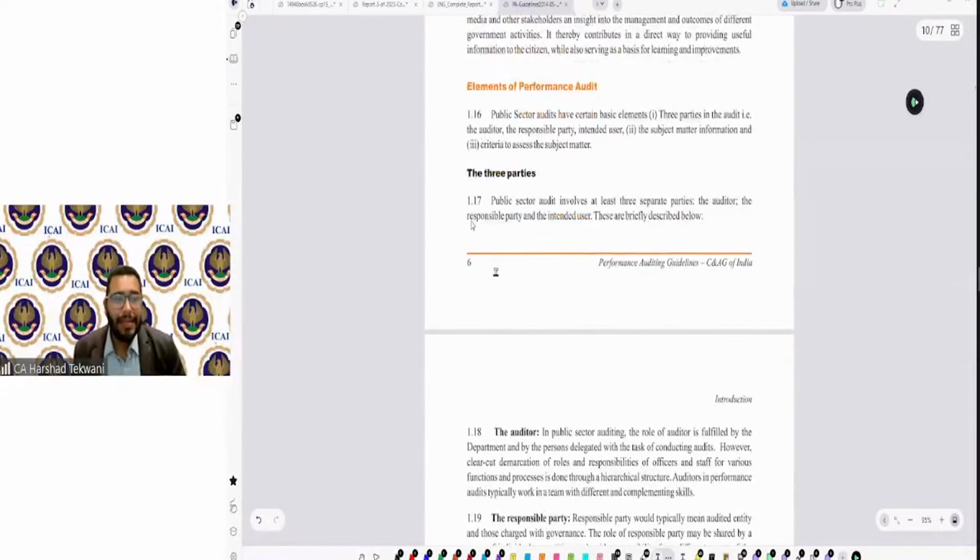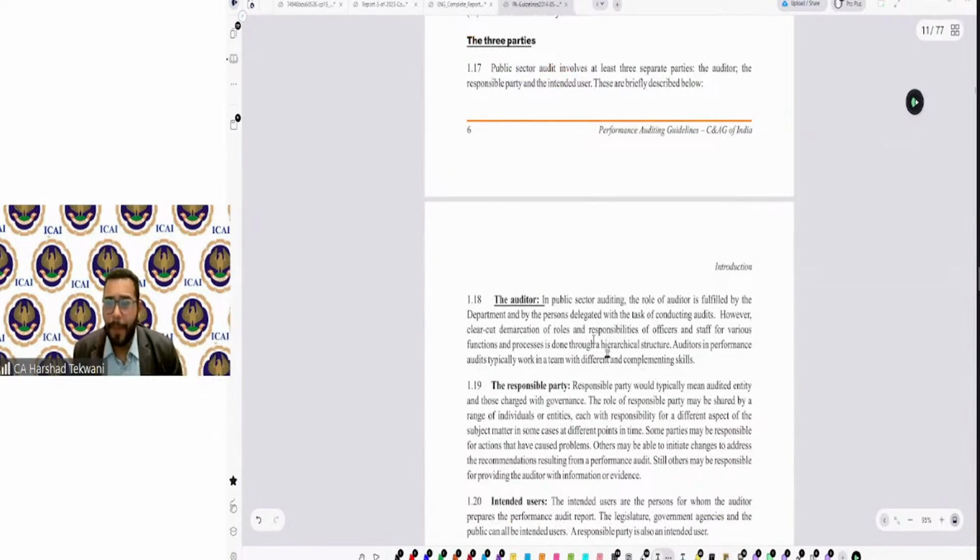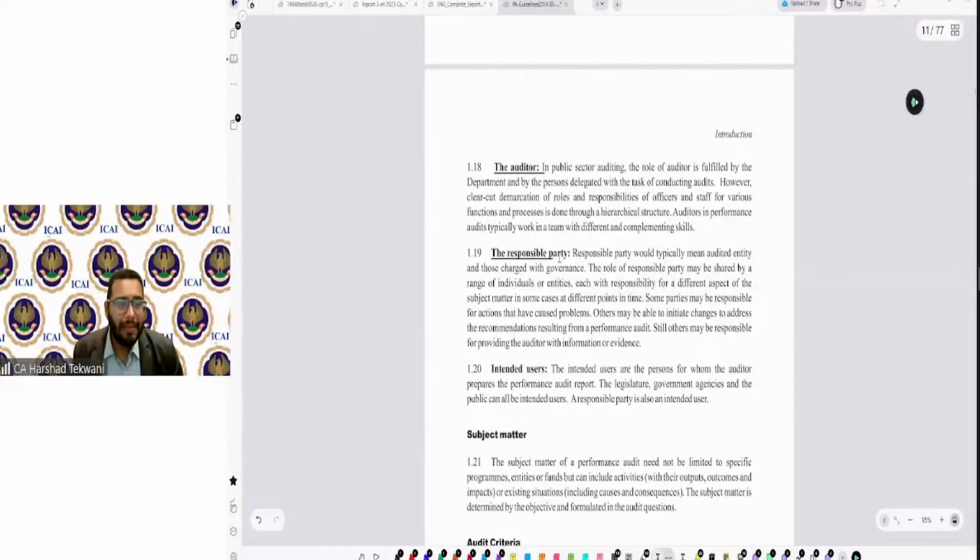Then again, it's a three-party audit. The first party is the auditor. The second party is the responsible party, which is managing the program activity that is being audited. And the third party is the intended users.